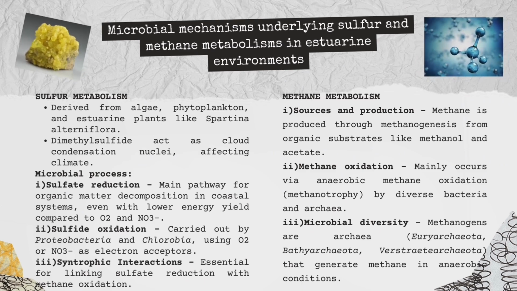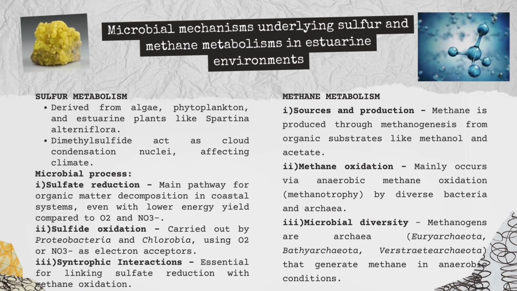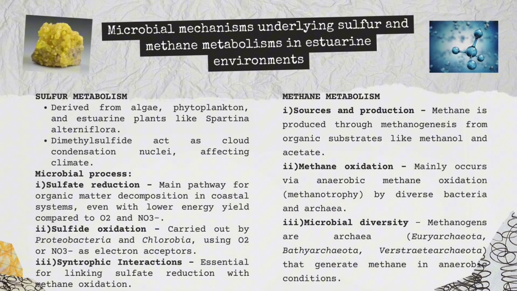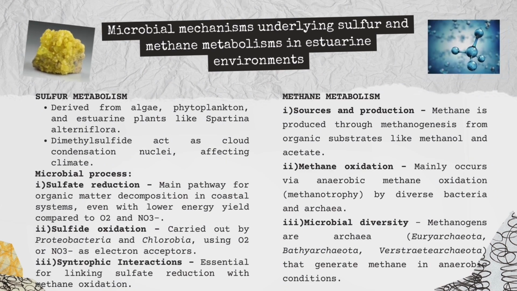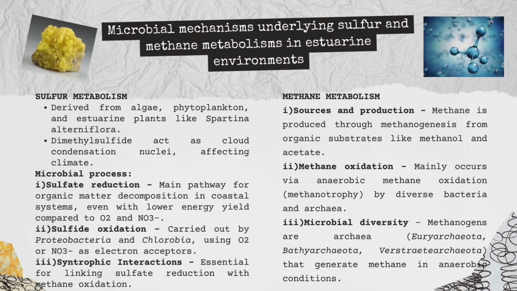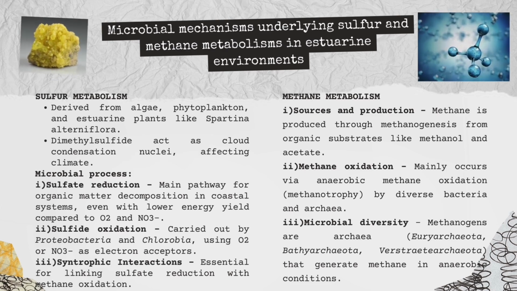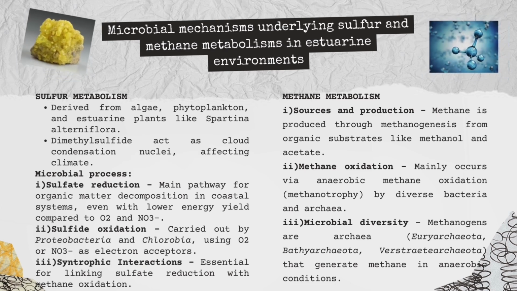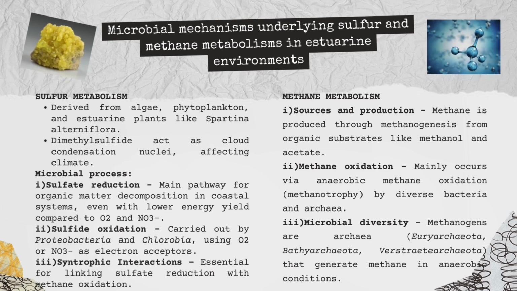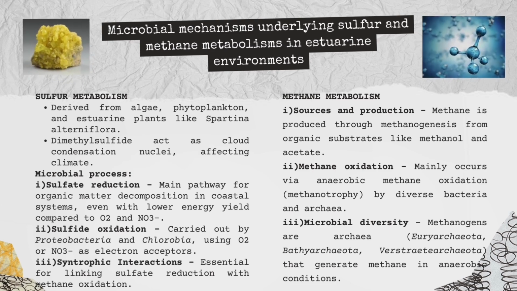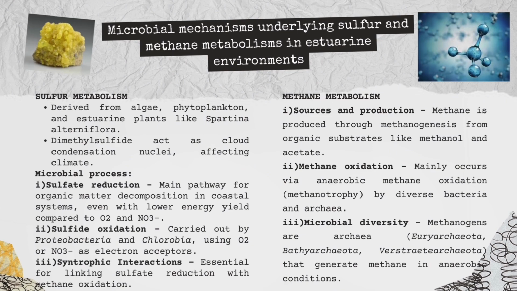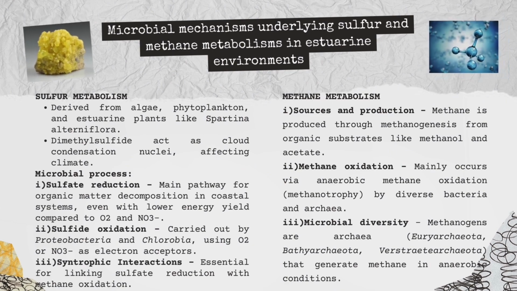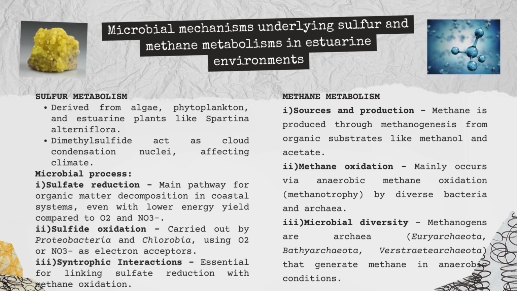Sulfate reduction is the predominant pathway for organic matter decomposition in coastal systems despite lower energy yield compared to O2 and nitrate ion. Sulfide oxidation is mediated by Proteobacteria and Chlorobia using oxygen and nitrate ion as terminal electron acceptors. Syntrophy interactions are important for coupling sulfate reduction with methane oxidation.